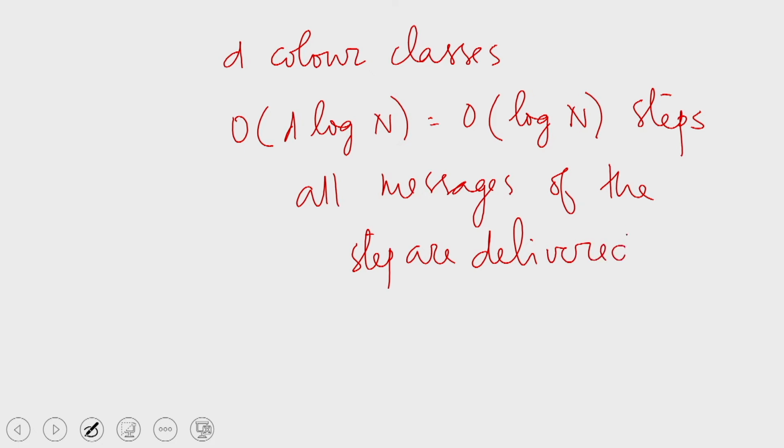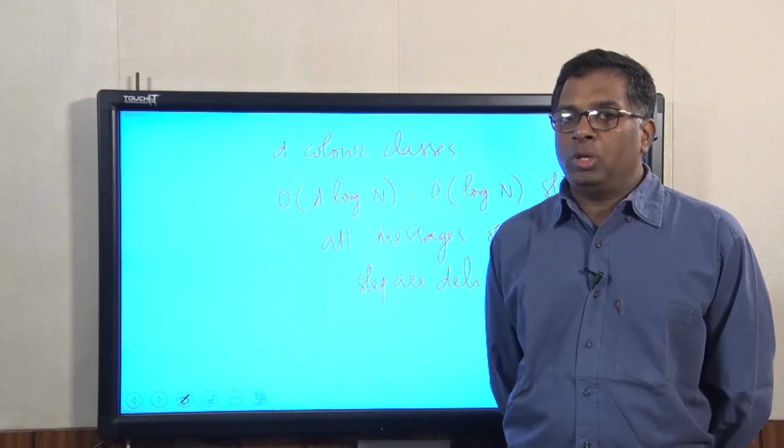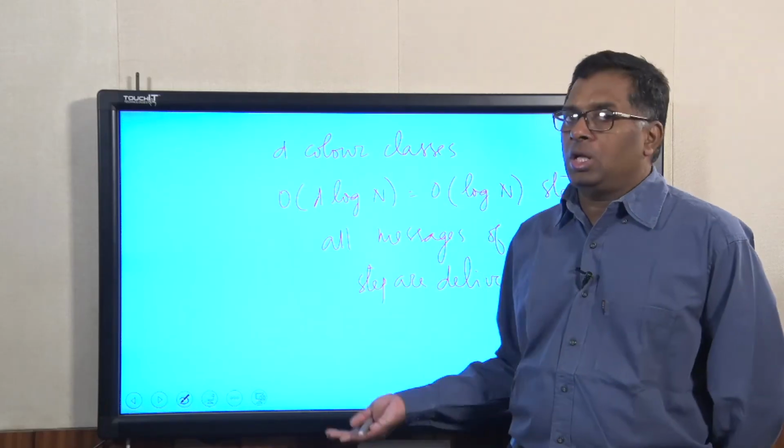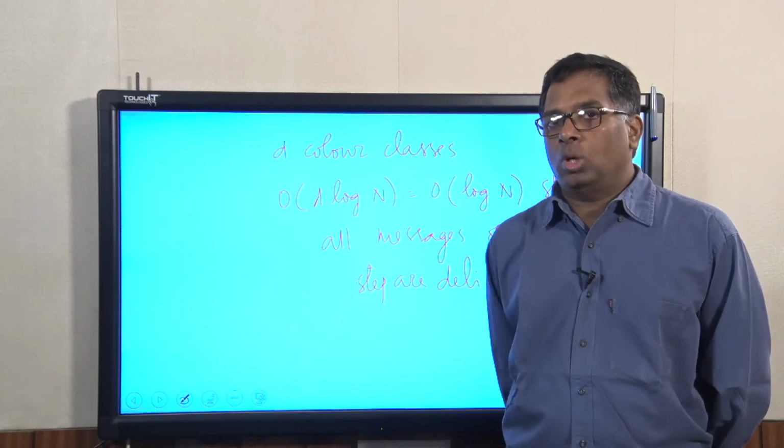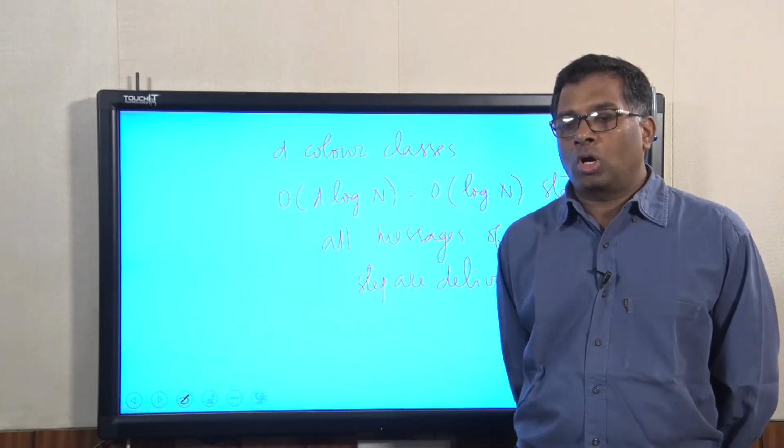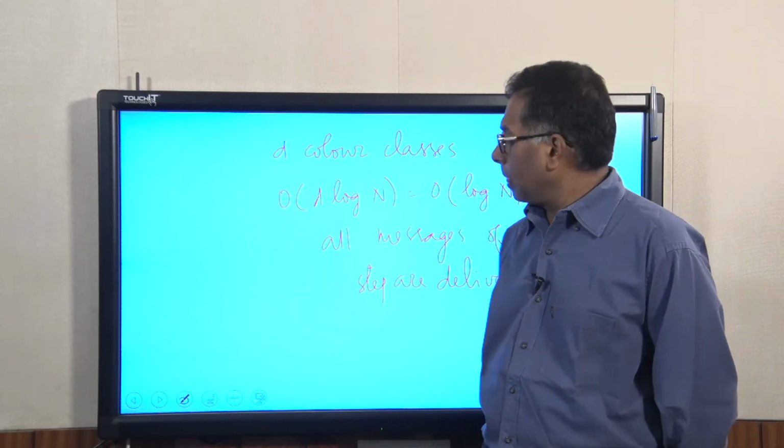So, once the messages are delivered, to complete the step, all that is necessary is to do the internal computations. Since we have exactly as many processors in the wrap butterfly as there are in the given network, the internal computations can all be done in order of 1 time.